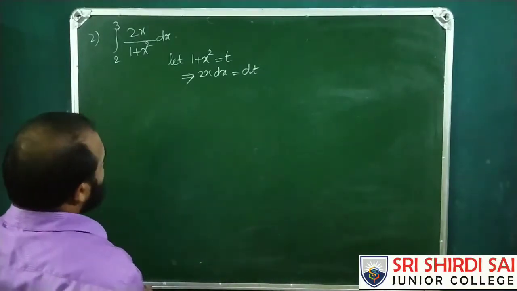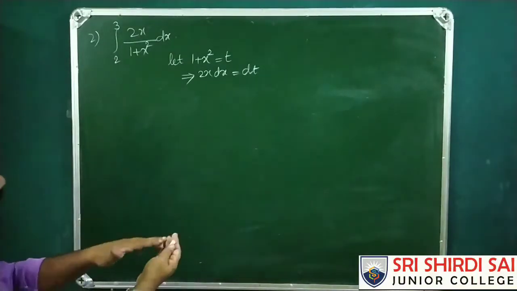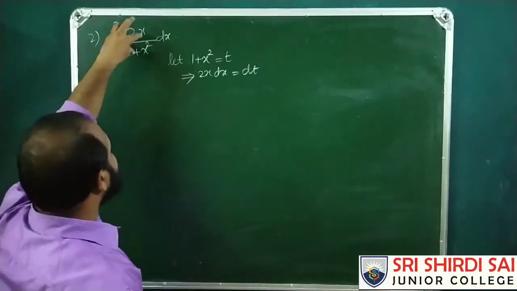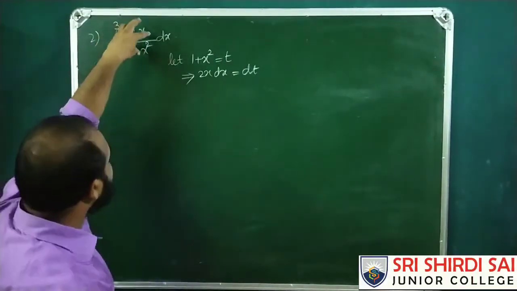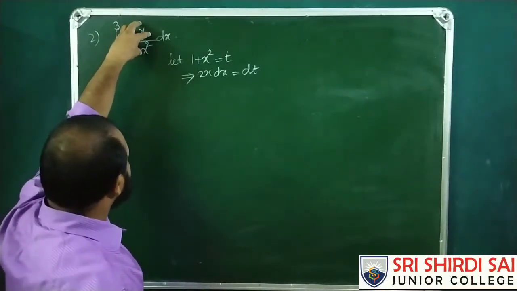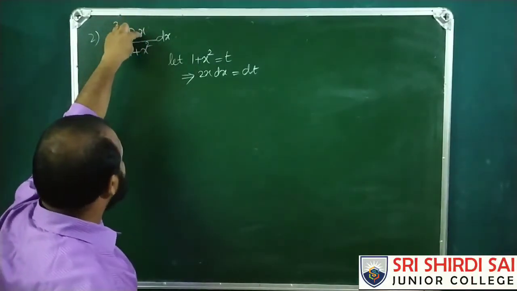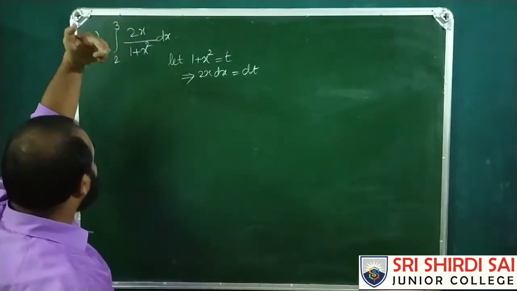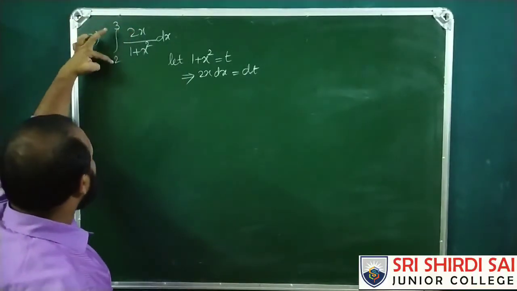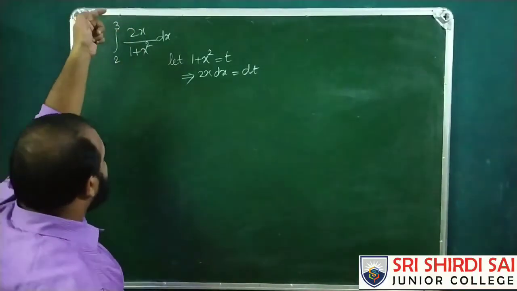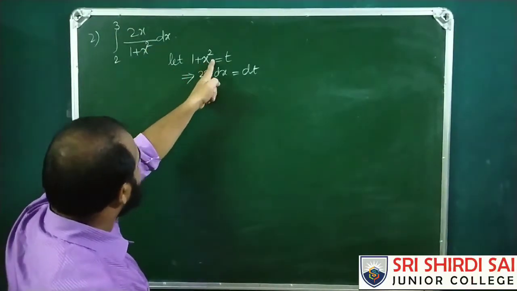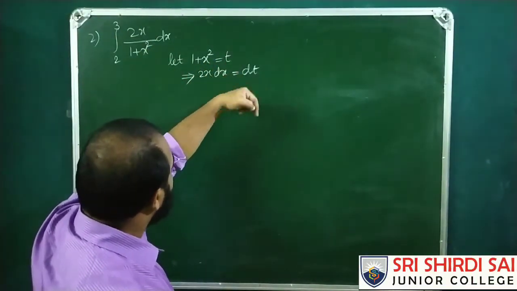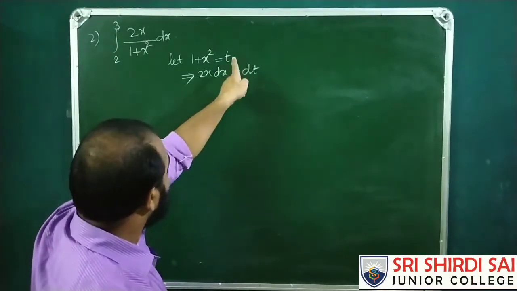Now, since the integrand is in terms of x, x is the variable of integration, and for that variable 2 to 3 are the limits. But that variable x we are trying to change in terms of the next variable of integration, which is t.